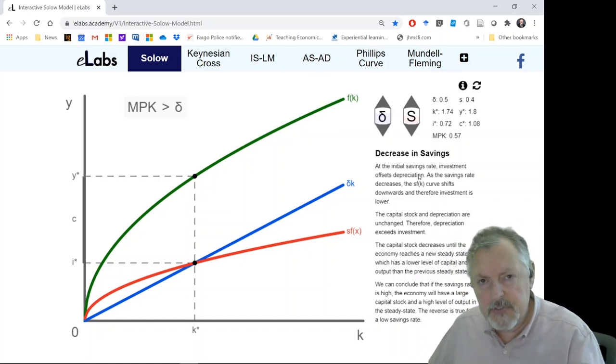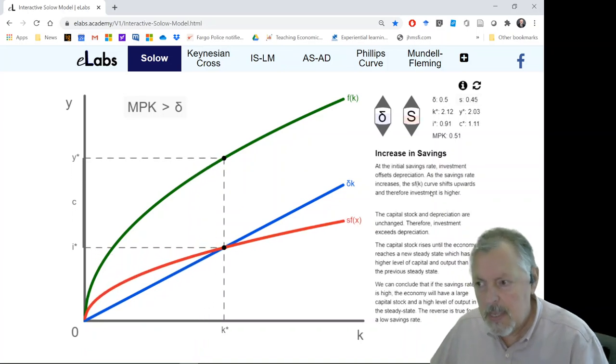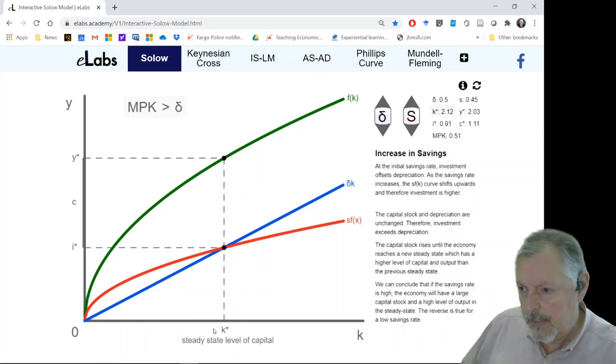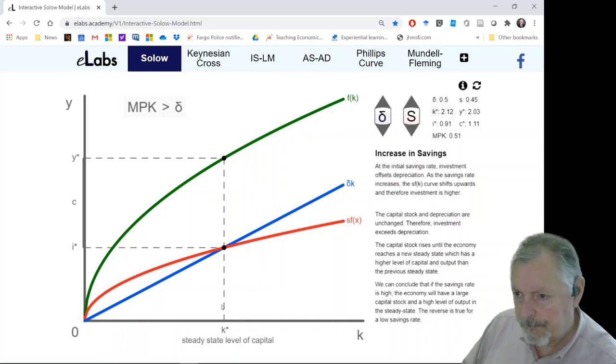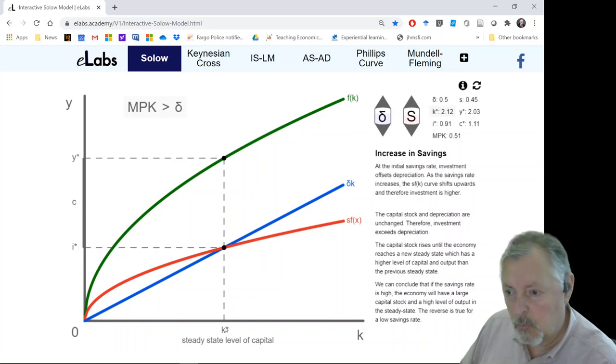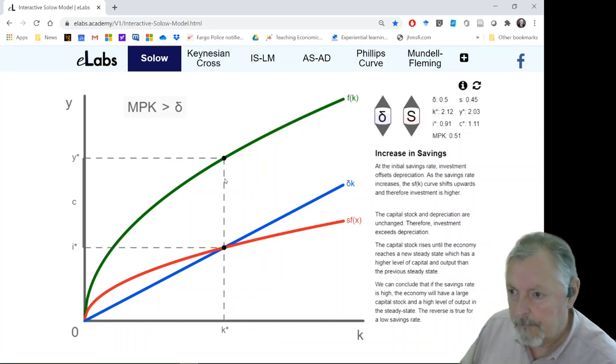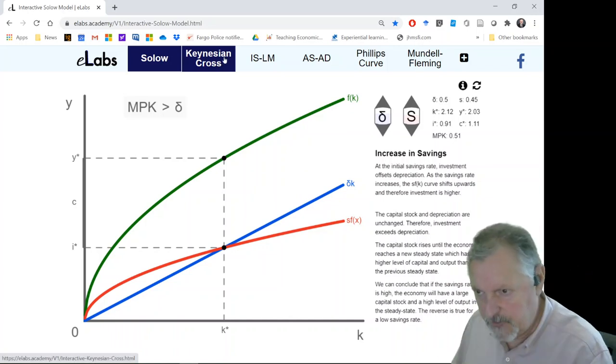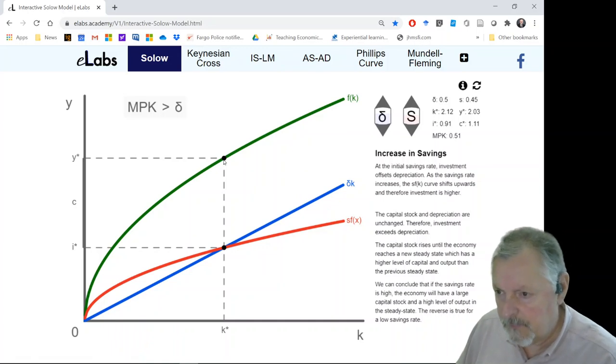A key insight of this version of the Solow growth model is if your savings rate goes up, now look here, at these initial values, at the first steady state level of capital per worker, here, it's right above the A in Keynesian, so you can visually follow it. It gives you this level of output per worker.